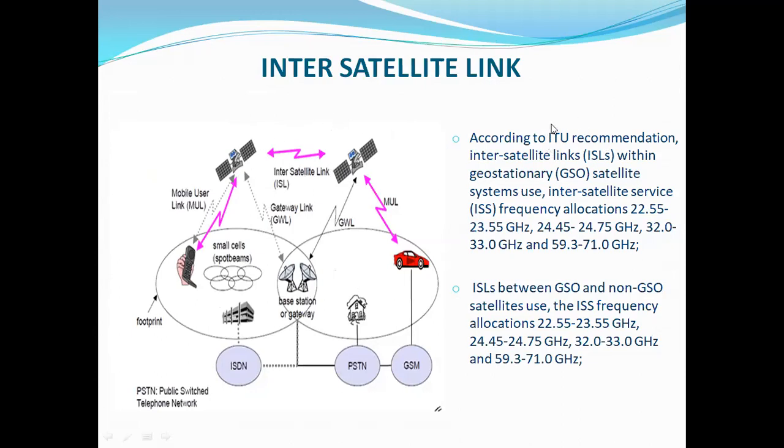According to the International Telecommunication Union recommendation, an inter-satellite link between two geostationary satellites, or between geostationary and geosynchronous satellites, has specified allocated bands: 22.55 to 23.55 gigahertz, 24.45 to 24.75 gigahertz, 32 to 33 gigahertz, and 59.3 to 71 gigahertz. The same link can also be used between a geostationary and a non-geostationary satellite.